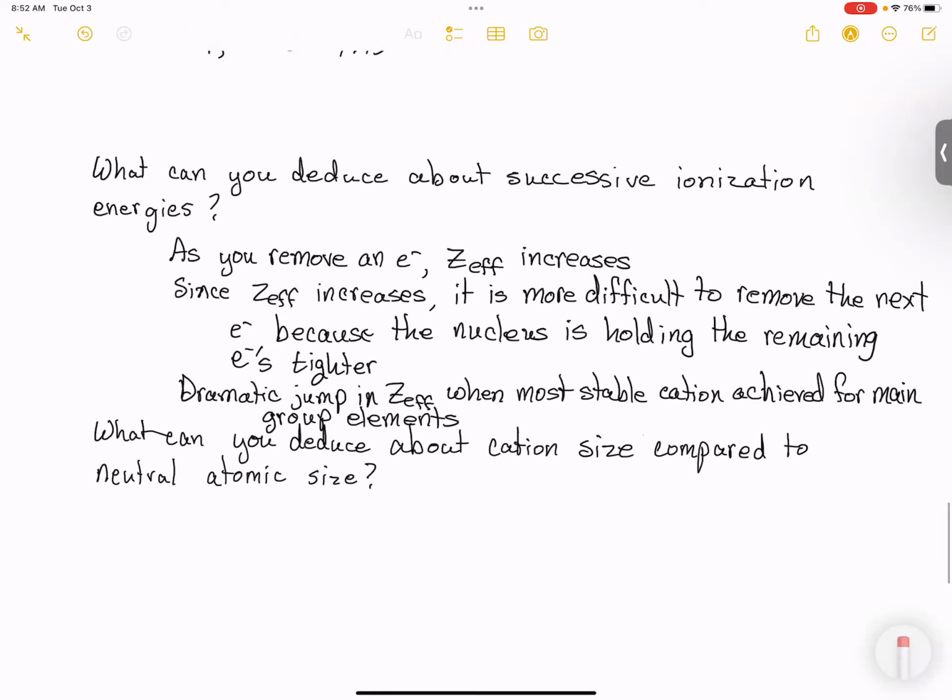Cations are smaller than neutral atoms. And what happens specifically as the cation charge increases?